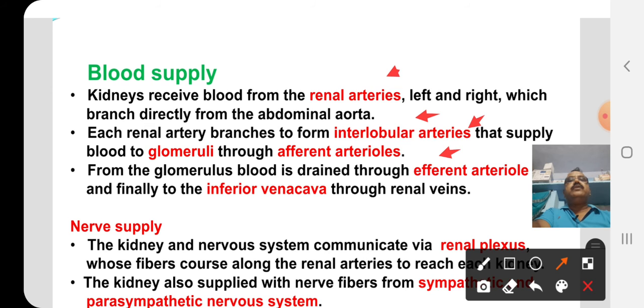From the glomerulus, blood is drained through the efferent arteriole and finally to the inferior vena cava through renal veins. That means at the glomerular region afferent and efferent arterioles are found. The afferent end collects the blood and it passes through the glomerulus, and the efferent arteriole is formed after the glomerulus, and it distributes the blood.